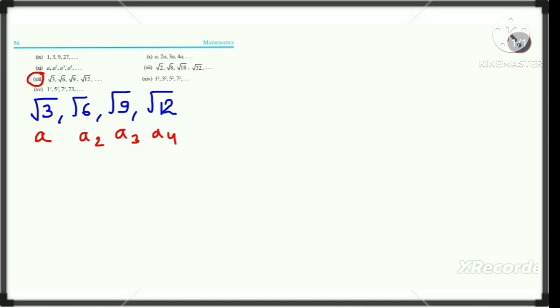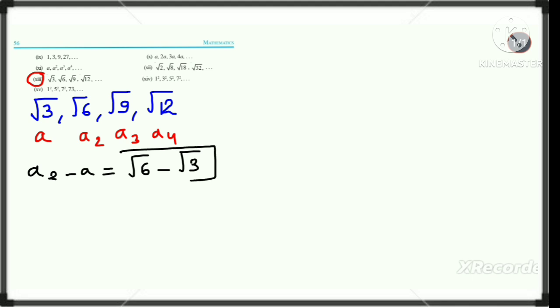So firstly, difference between A2 and A. A2 equal to, we have root over 6 minus A equal to, we have root over 3. Further it can't be solved, so difference between A2 and A is root over 6 minus root over 3.